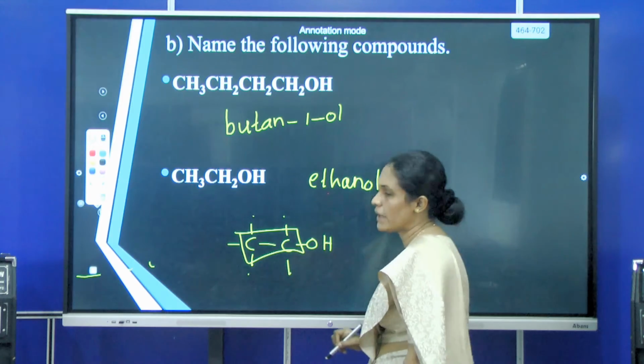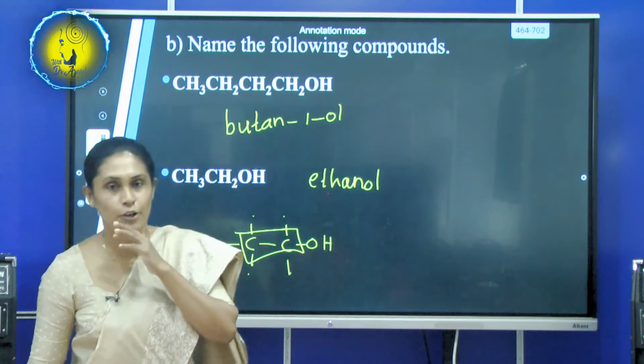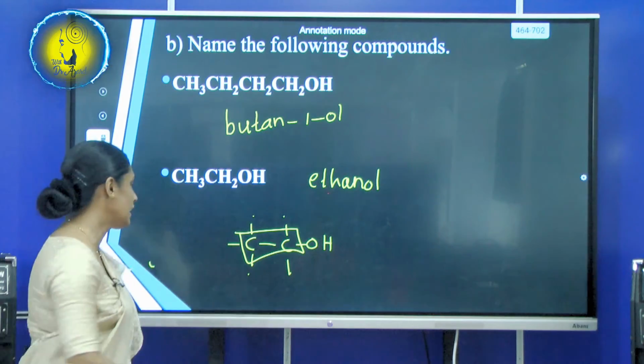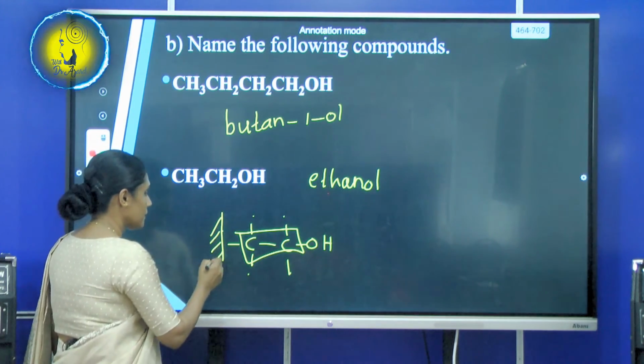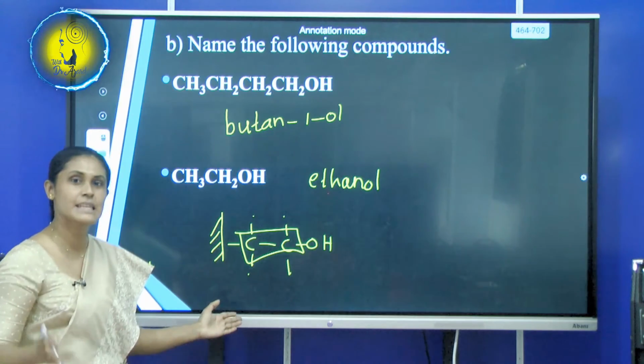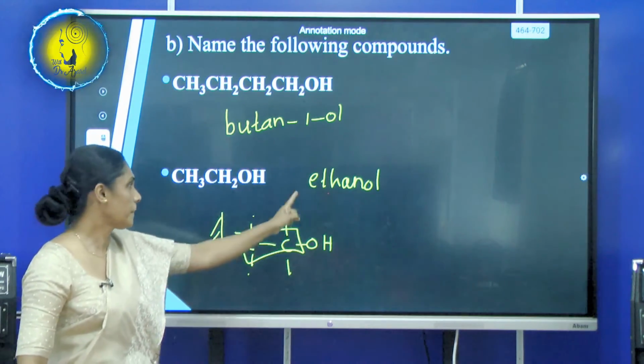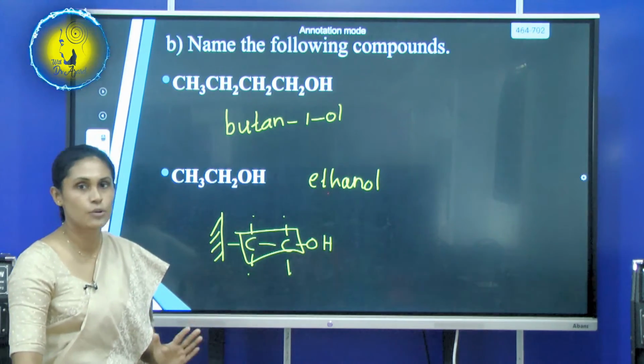Ethanol. You may ask, teacher, why are you not writing ethan-1-ol? No point, because if you keep a mirror here, you will gain the same thing. So therefore, no need of writing numbers here. Just write ethanol, that's quite enough.